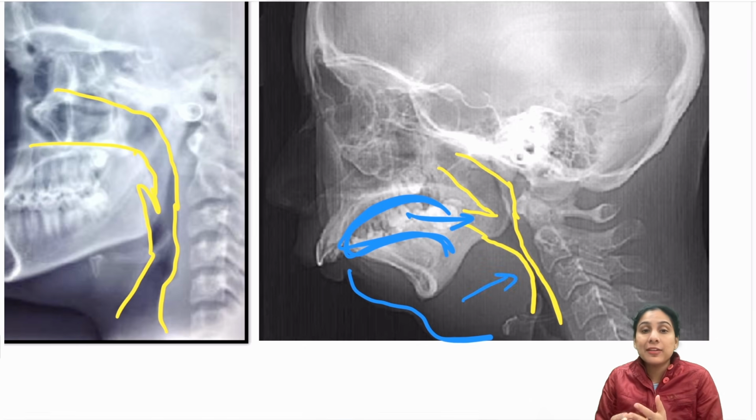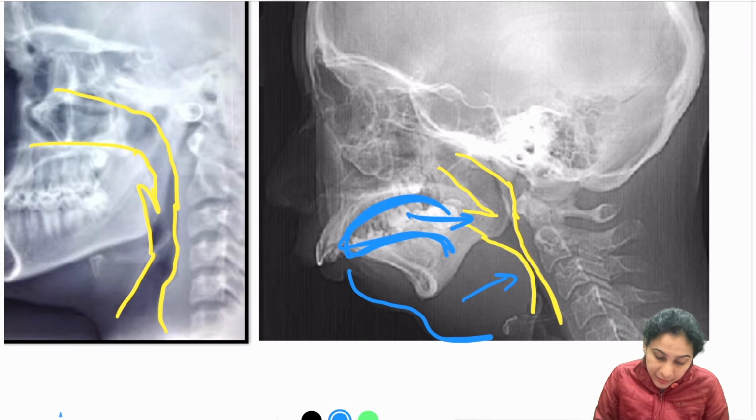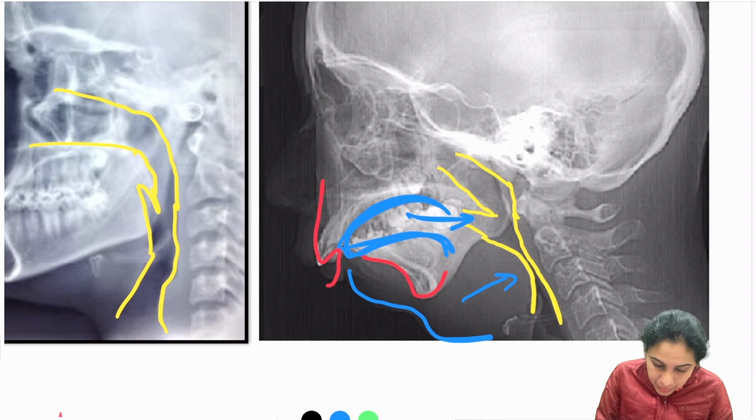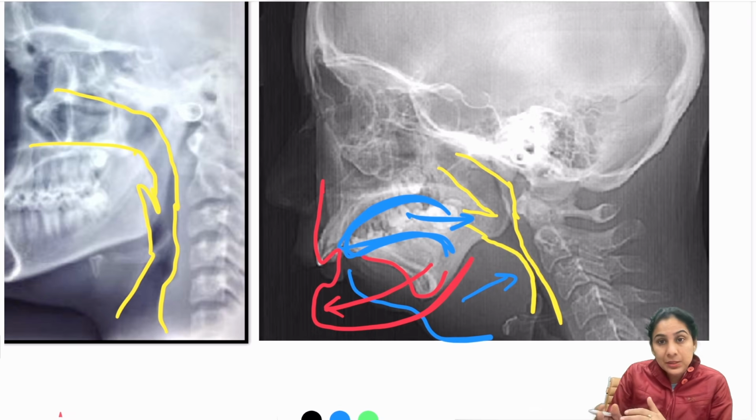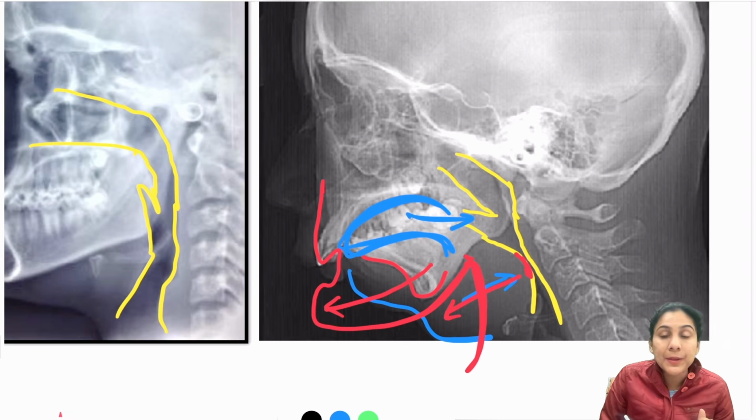And whatever airway is there, it will collapse. So what will I do? I will first take my mandible from here to here. I will pull my mandible forward. When I pull the mandible forward, all these soft tissues which are here will also be pulled forward. And drastically, my airway is going to open up.